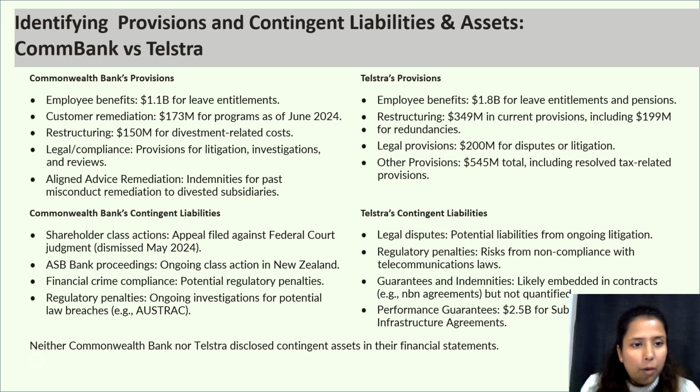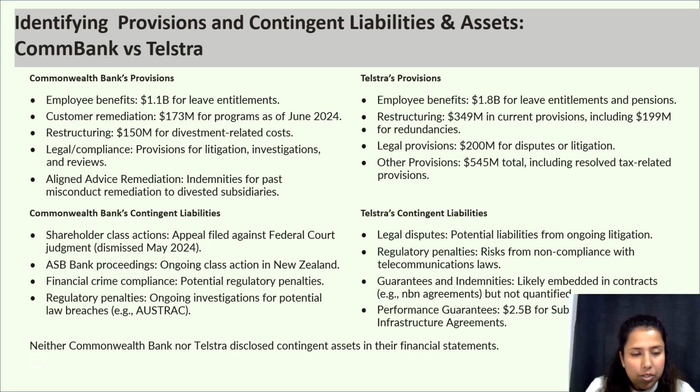So here we are identifying the provisions, contingent liabilities, and assets of CommBank and Telstra. First are the provisions of Commonwealth Bank. The bank sets aside $1.1 billion for leave entitlements. Second is customer remediation, which is $173 million for programs as of June 2024.